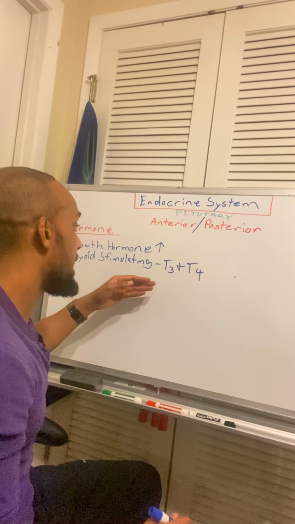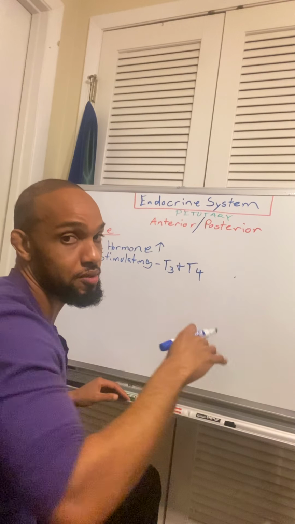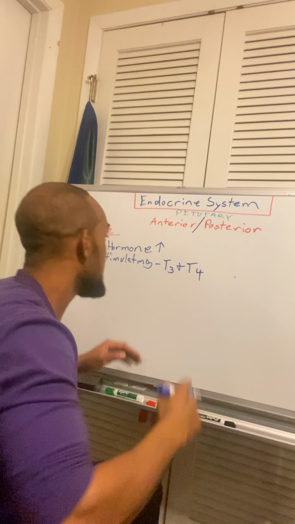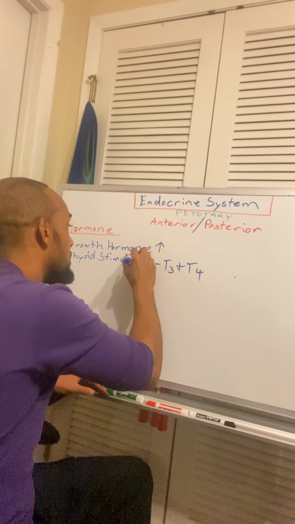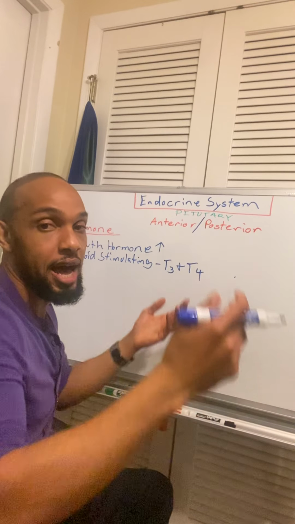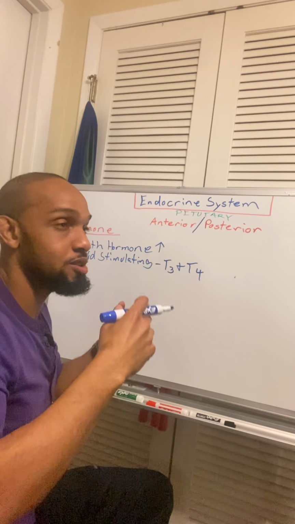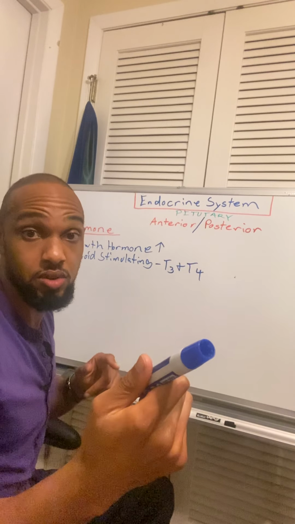T3 stands for triiodothyronine, and T4 stands for thyroxine. I'm going to discuss those in a later video. And this hormone is responsible for your metabolism, how you break down fats and utilize that fat for energy, which is something else I'm going to discuss later.